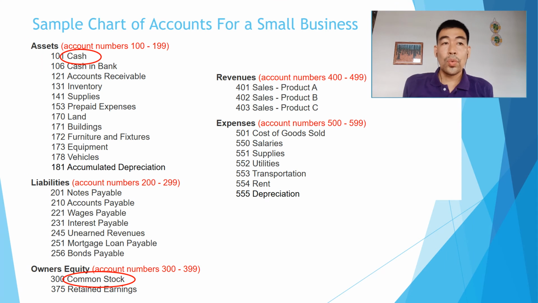With that, we are going to go back to our chart of accounts and determine the appropriate account title of the asset, and we can consider that as cash. Also, we need to determine the exact account title for owner's equity. And we have only 2 choices, and the best account title for that transaction is common stock.